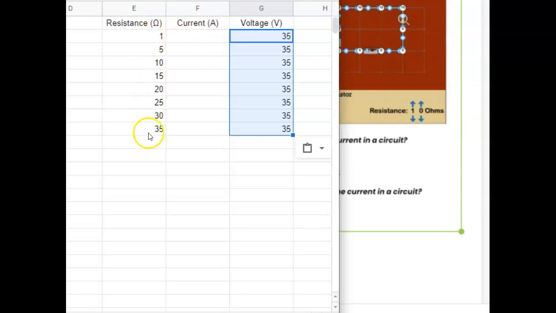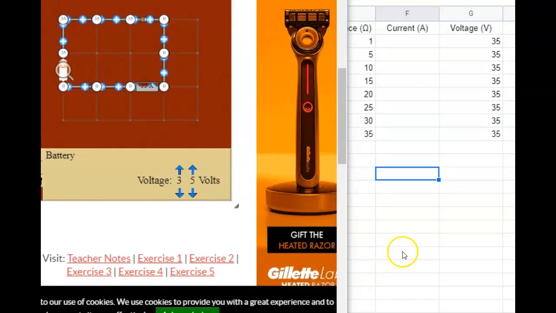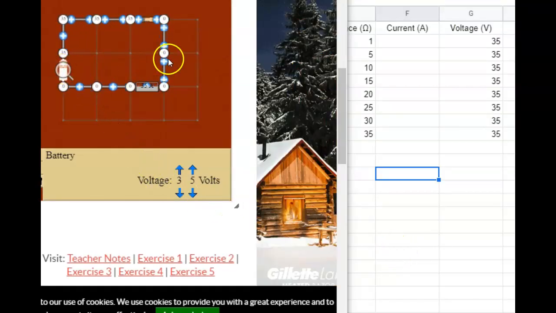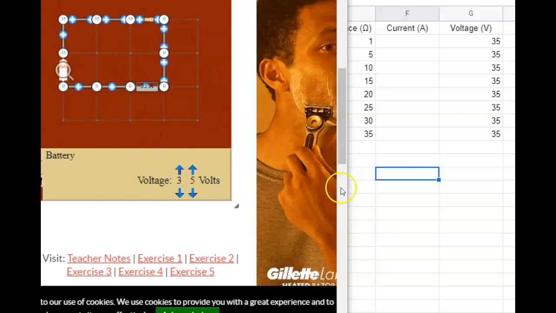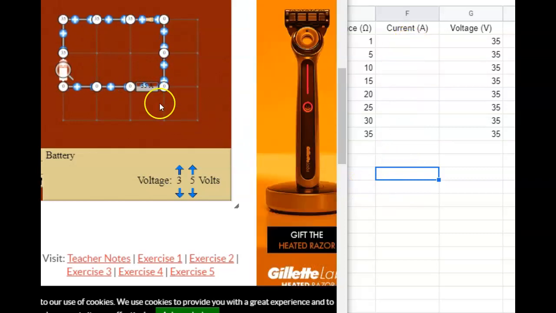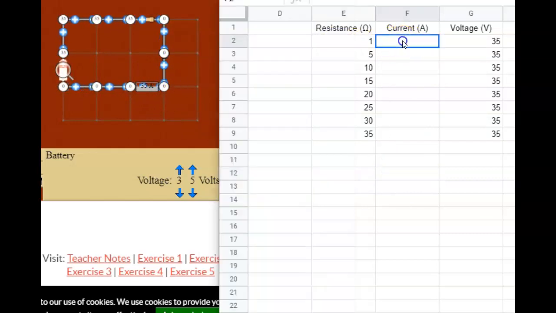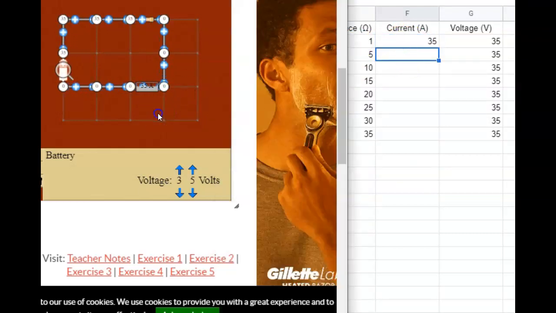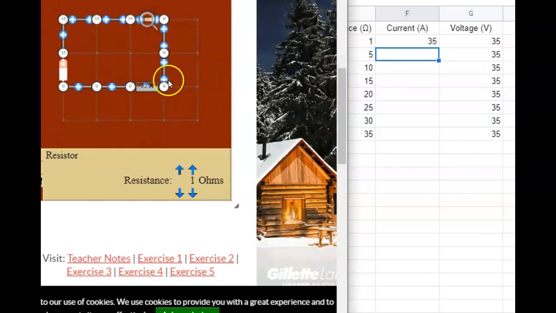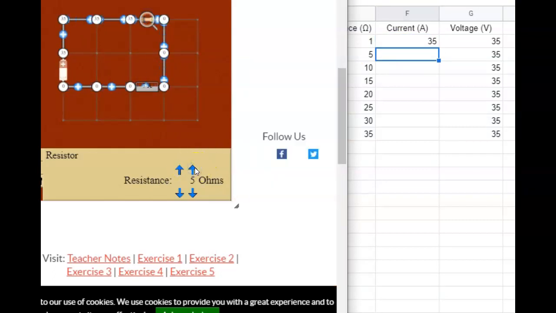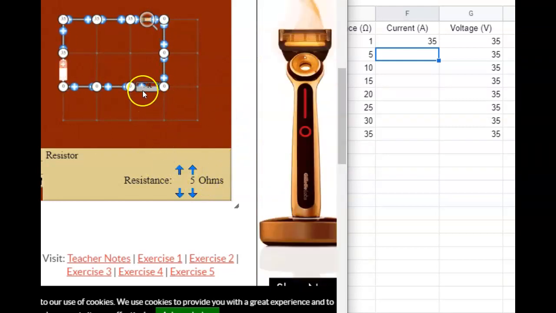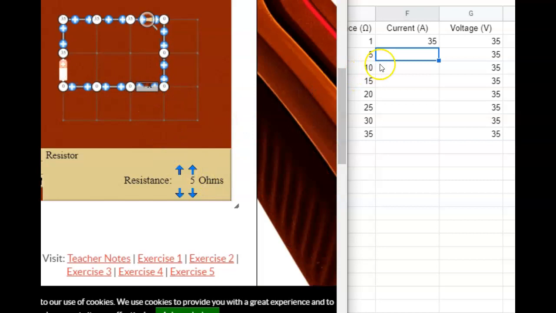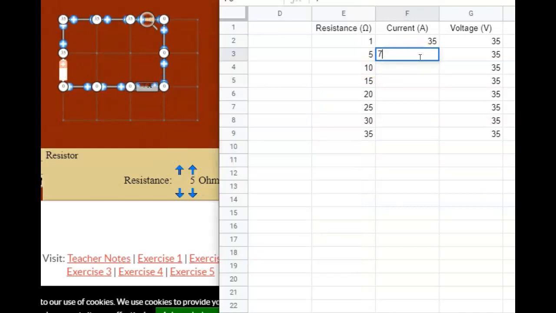All right, so I've put in 35 volts, 1 ohm, and it's not too happy with me. It's blinking, so I probably should change it. The value is 35 amps, so I will put in 35 amps there. Let's change this now to 5. All right, it's a little less angry with me. And the amperage now is 7 amps. All right.